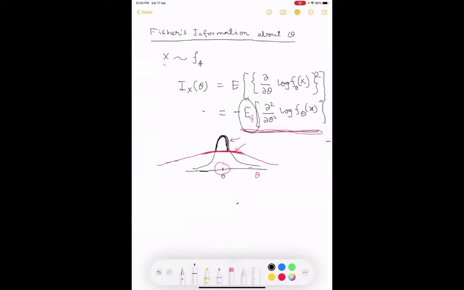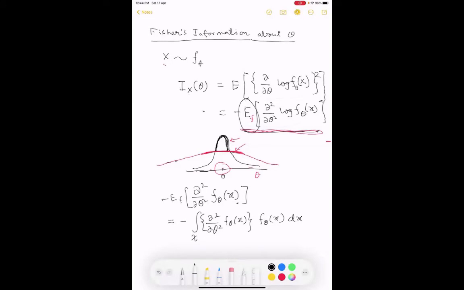When I say the negative expectation of the second derivative with respect to theta of log f of theta x, it effectively means I'm taking the integral over chi of the second derivative with respect to theta of log f theta x, times f theta x dx.